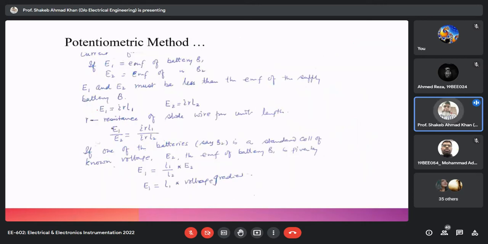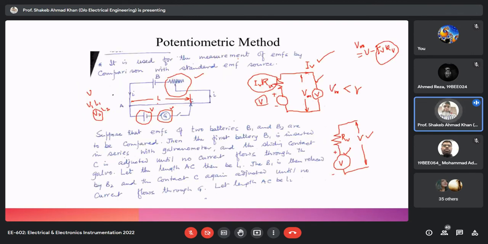So I had written here E1 and E2, EMF of the battery E1, EMF of the battery E2. One thing is very important, that whatever voltage sources E1 and E2 you are taking here, their voltage should be less than this voltage, because only then you will find the balance within the length.